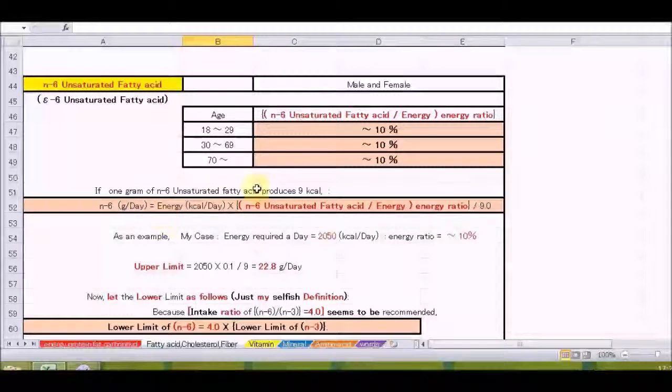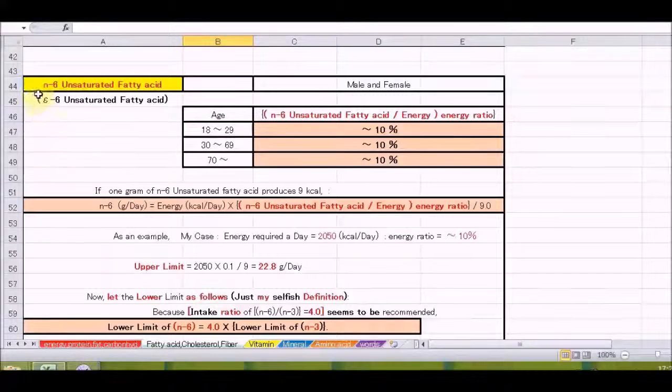Well, N6 unsaturated fatty acid, in other words, omega 6 unsaturated fatty acid. It would be estimated by this table.